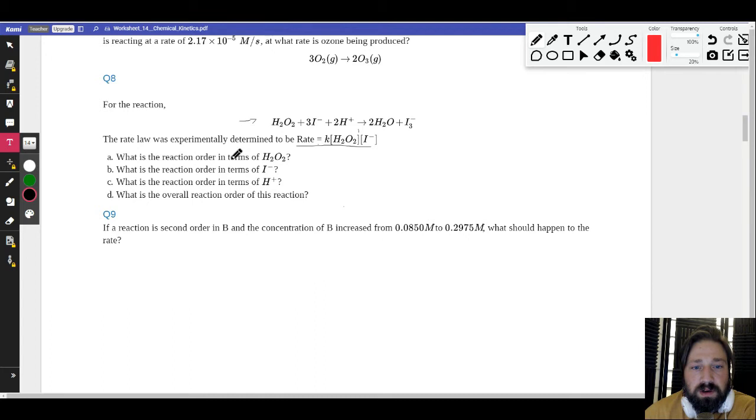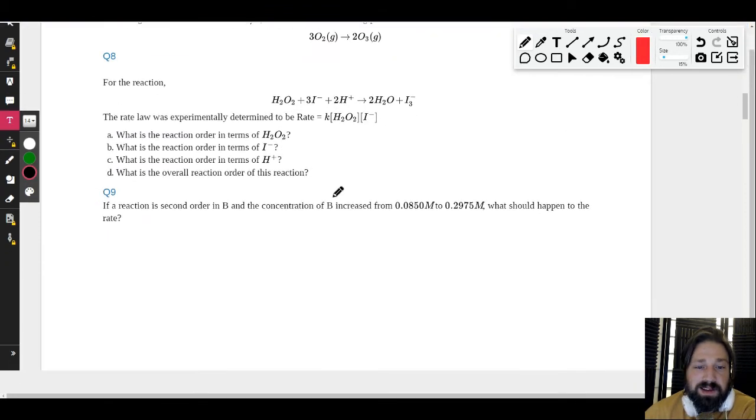Well, the order of this is going to be 1 because the coefficient's 1. So first order for this one. For iodine, same thing, first order, because it's 1. And then for H+, it is a reactant, but it doesn't show up in the rate law, so you can assume at that point that it's 0th order. Overall, 1 and 1 and 0 is 2, second order.